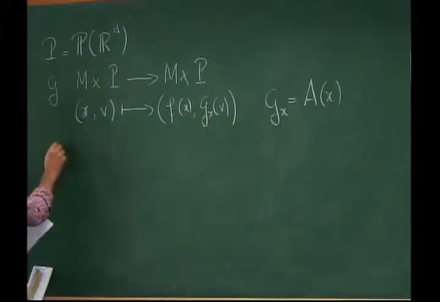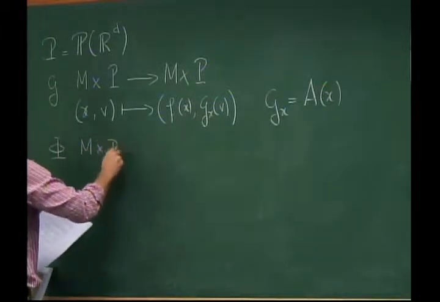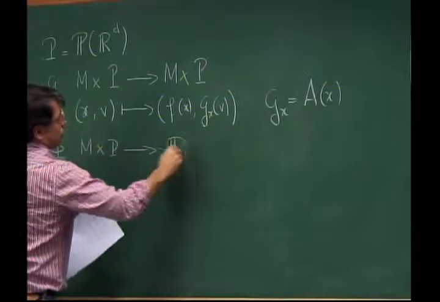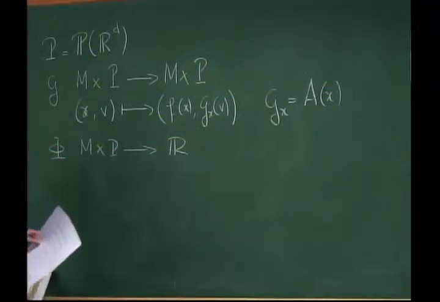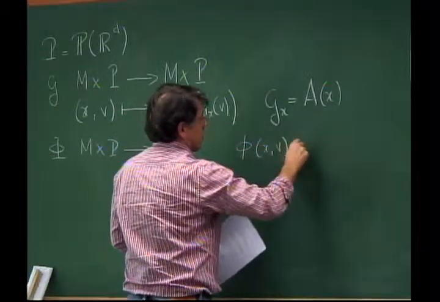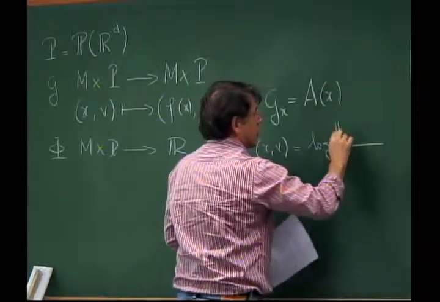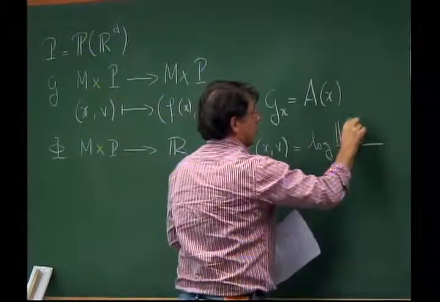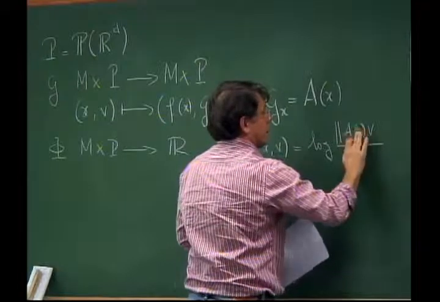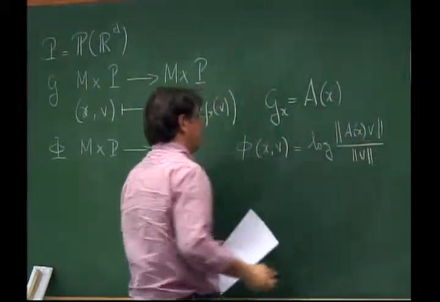And we have a function phi, which is phi of (x, v) equals the logarithm of the norm of Ax of v divided by the norm of v.